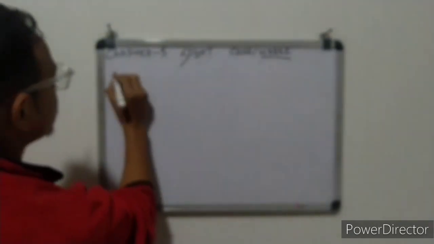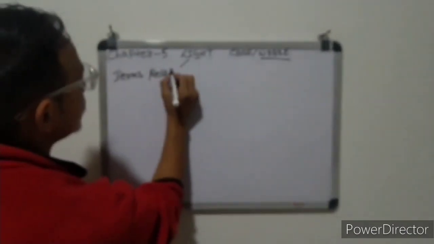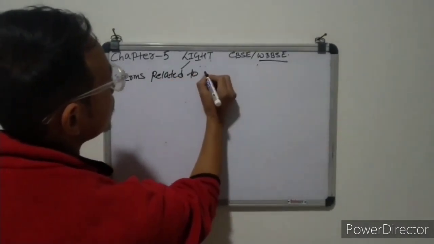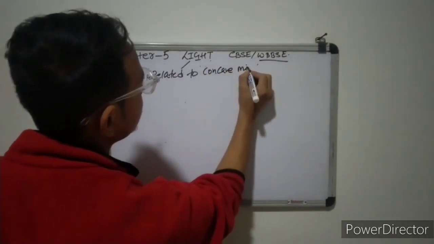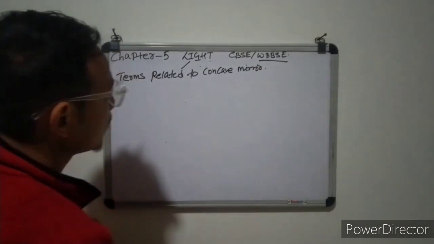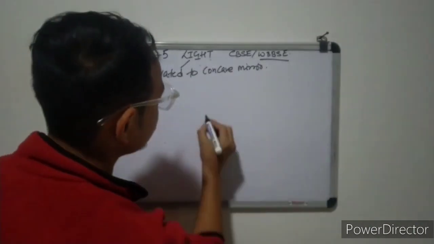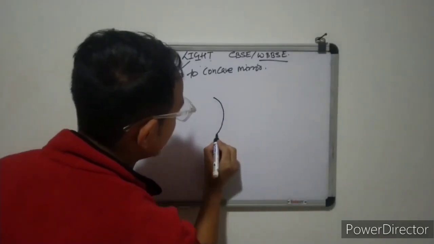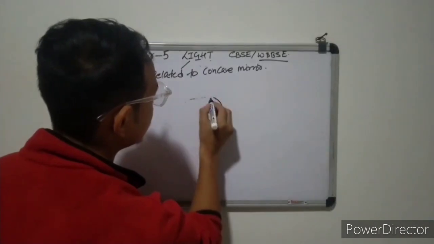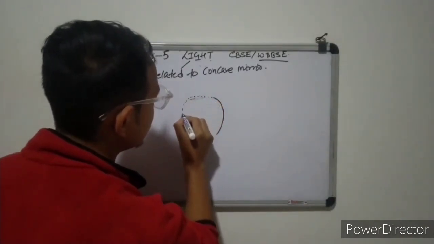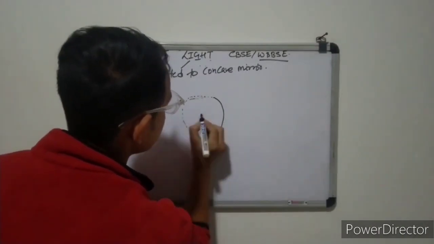Now the terms related to the concave mirror. As you know, spherical mirrors consist of concave mirrors and convex mirrors. First of all, I will draw one mirror and build it with one imaginary sphere.